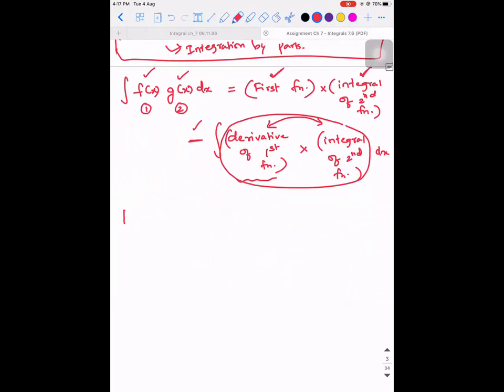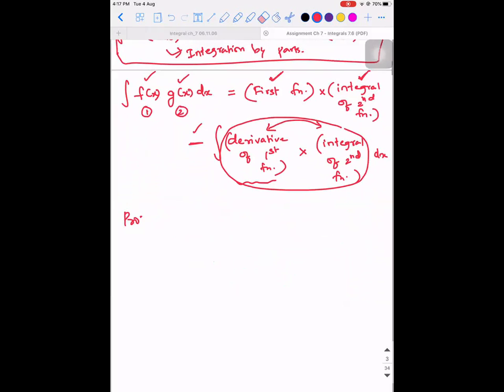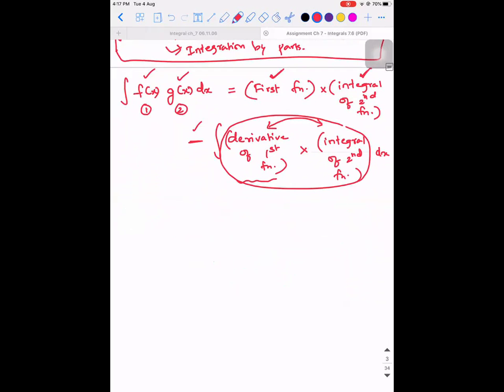The priority list. I told you, you have a priority list based on which you choose which one is the first and which one is the second function.